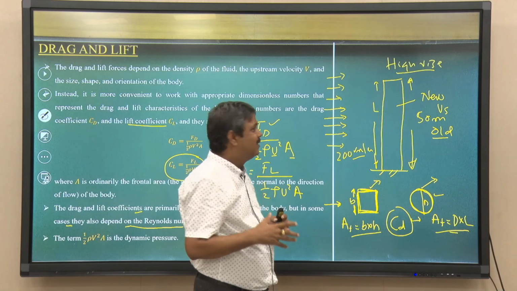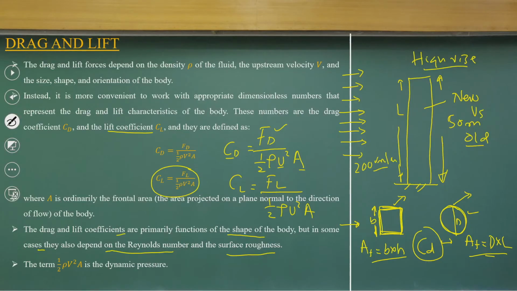What matters to us is what type of roughness we are creating, and also the flow Reynolds number. That is what we will be discussing: CD is also a function of velocity, rho, frontal area, the Reynolds number and roughness, similar to what we discussed about roughness for pipe flow.